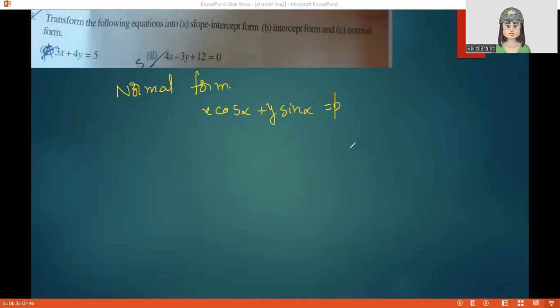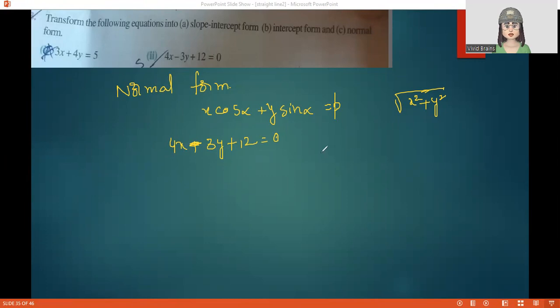How do you calculate this p? P can be calculated like root of x square plus y square, right? Now let us take the second question first. After that, we'll do the first one. So x cos alpha plus y sin alpha.